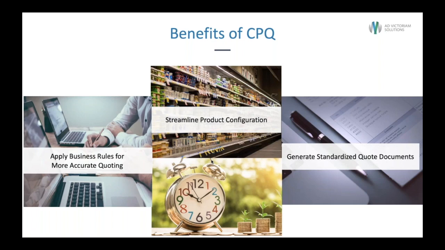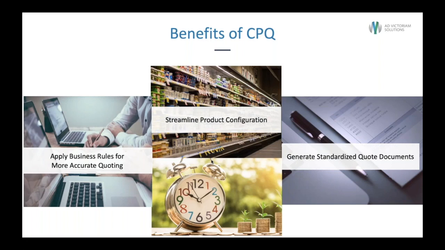Next, we've got the ability to generate standardized quote documents. All the time, it's Word documents, Excel spreadsheets and things that people have on their computers. Somebody's saved one off that they've always used. They update it for each sale and send it out the door. But when you do that, it's not only time consuming for the sales team, but you also miss the opportunity to push what's best for the business.